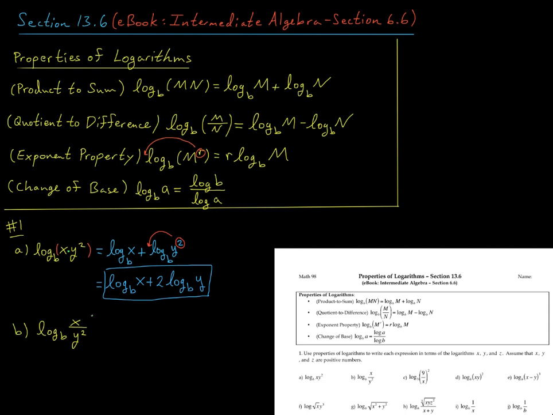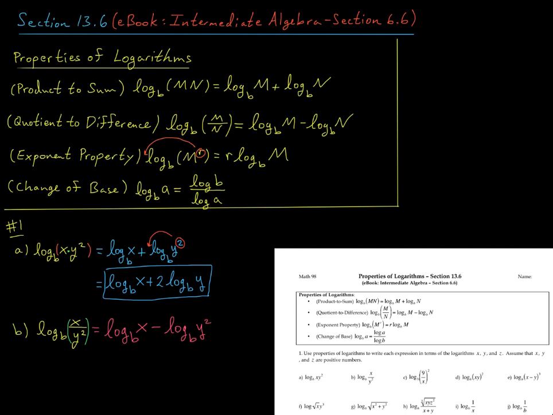How about part B? Well, again, I'll just go ahead and put these parentheses in just for emphasis. So what can I do here? Well, I have a quotient inside the logarithm, right? So I'm thinking quotient to difference. And quotient to difference says this can be broken up as the log base b of the numerator, which is x, minus the log base b of the denominator, which is y squared.